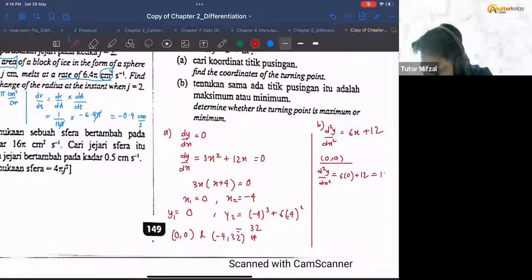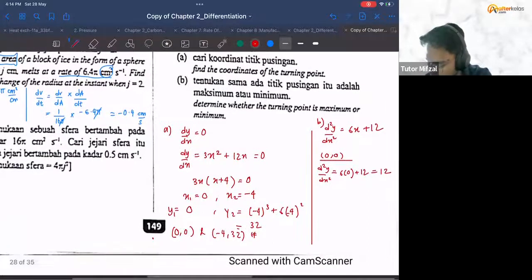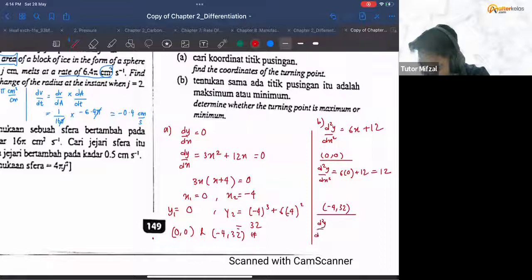So you get 12. And then for the second one, it is negative 4, 32. So d squared y over dx squared equivalent to 6 times negative 4 plus 12. So this one, you get negative 12.